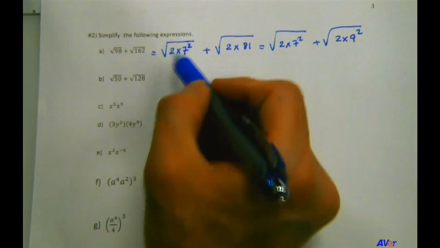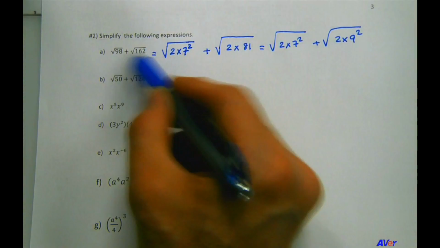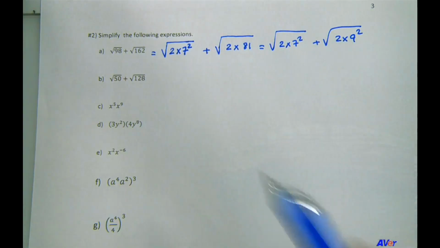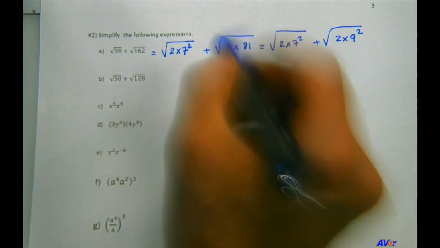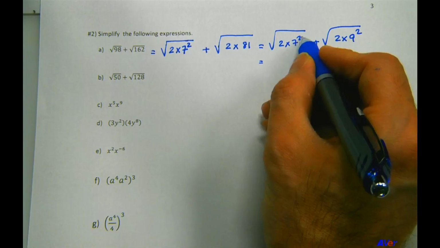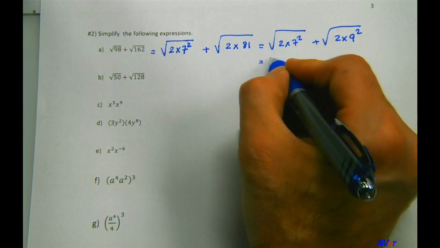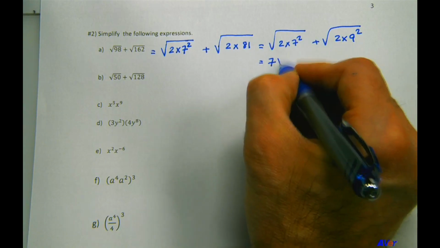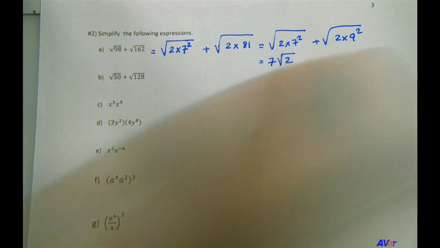So we want to try to rewrite the inside of these radical expressions to some value to the second power, because now we can simplify things. So this 7 squared can leave. In the process, it loses the power because 2 over 2 is 1, right? So we get 7 square root of 2.